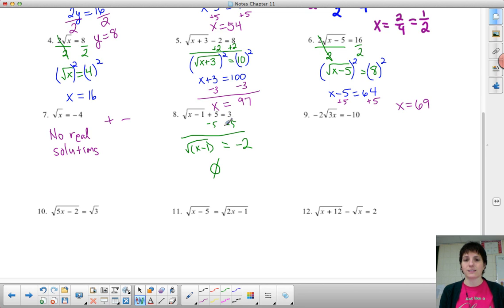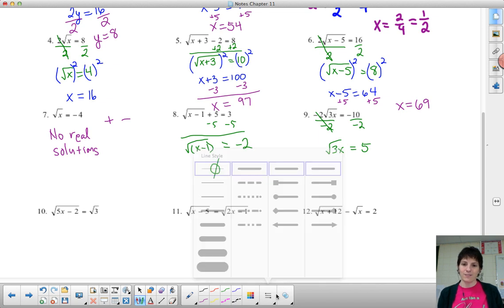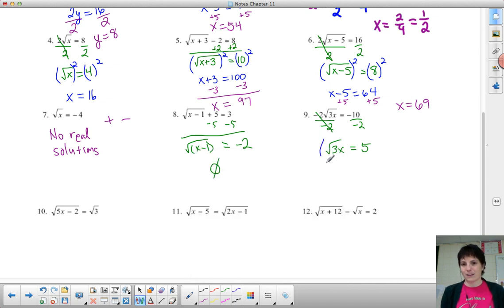You have to do the isolate step first, because in number 9, if you don't do the isolate step, right, divide both sides by -2, we end up with the square root of 3x is equal to a negative over a negative gives me a positive 5. And now I can keep going. I can square 5 because there is a number times itself that would give us 5.